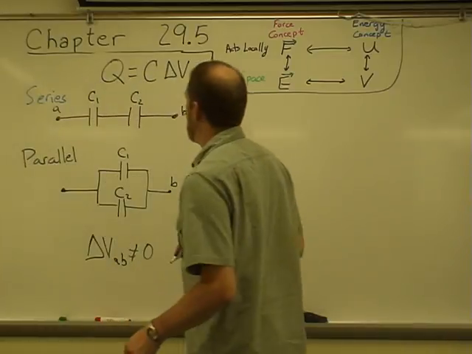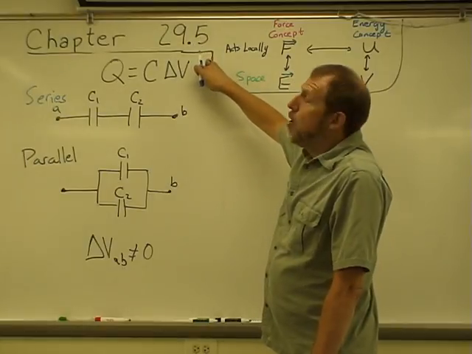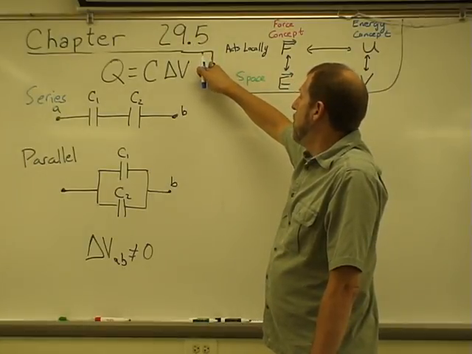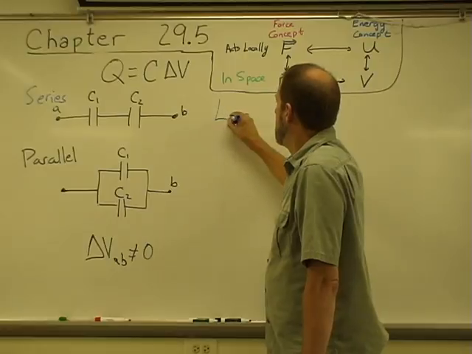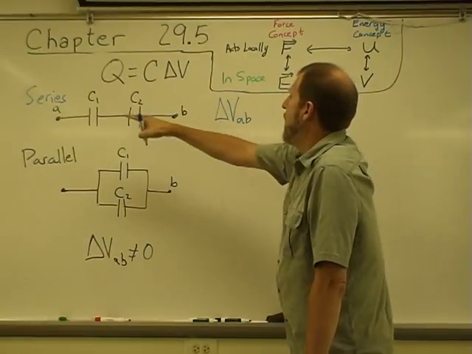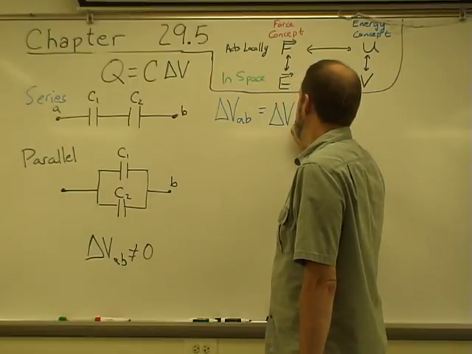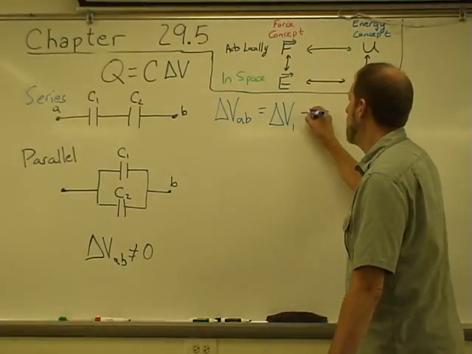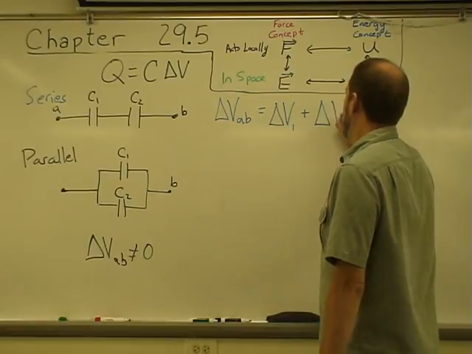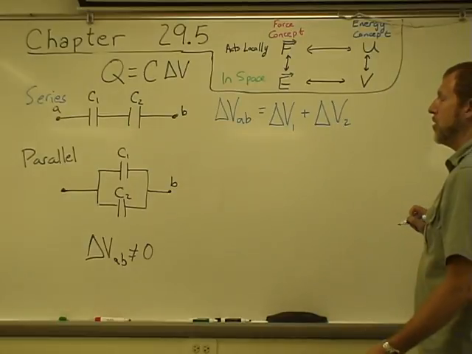In series, from this equation, what do I know? Well, I know that the change in potential from point A to point B is equal to the change in potential over capacitor 1 plus the change in potential over capacitor 2.